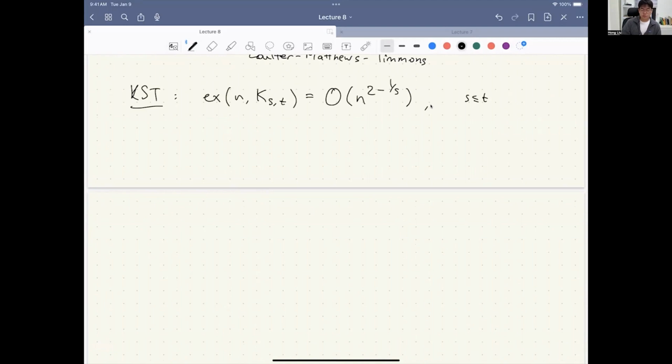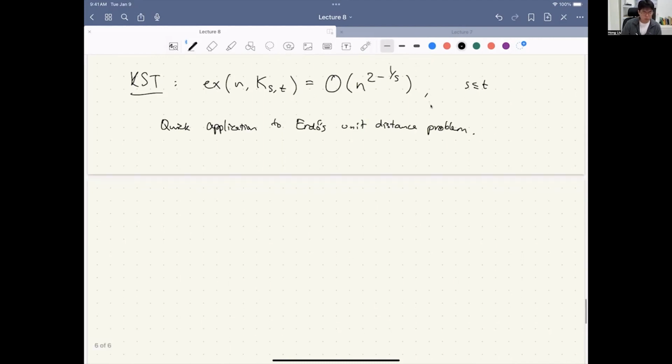Here's a quick geometric application to Erdős's unit distance problem. So what is this problem?